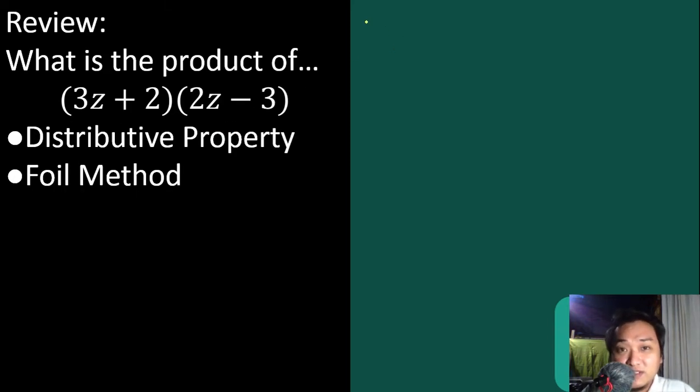So, say we have 3z plus 2 times 2z minus 3. We can make use of distributive property. Pwede ring FOIL method. Subukan natin yung FOIL method.